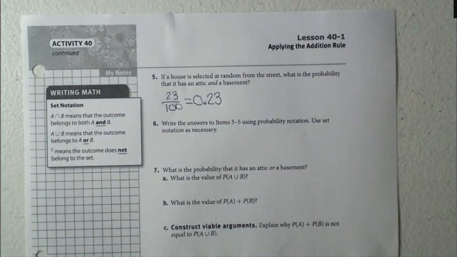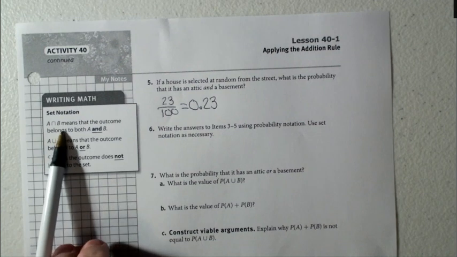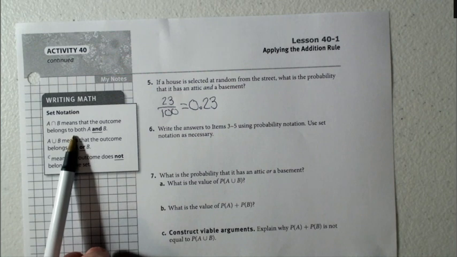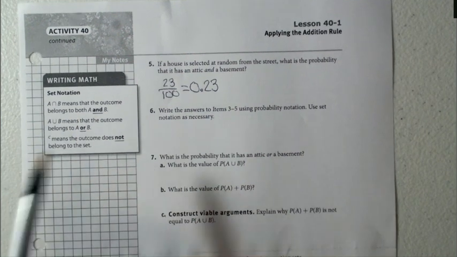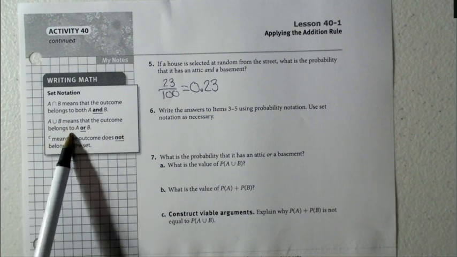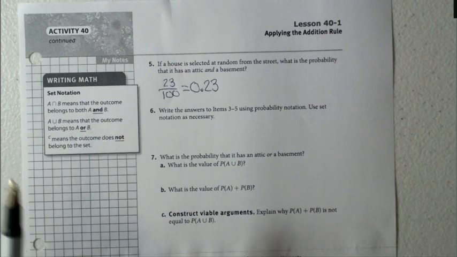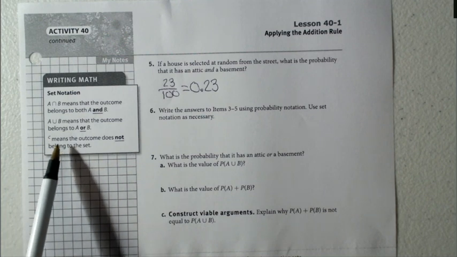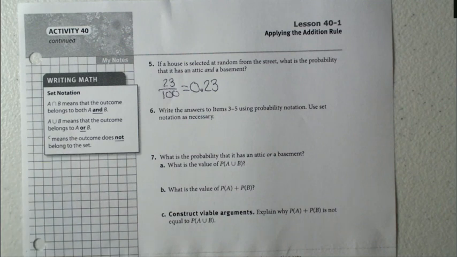Now it does say over here, set notation. A intersect B means that the outcome belongs to both A and B. A union B means that the outcome belongs to A or B. And little c in the superscript means that the outcome does not belong to the set.